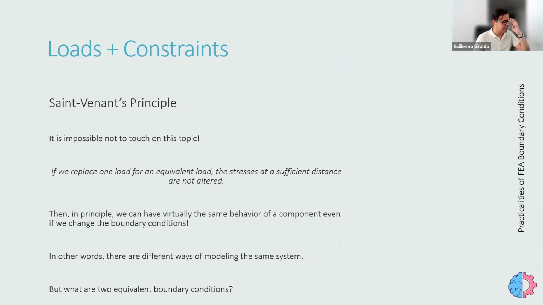So basically what Saint-Venant's principle says is that if we have a system, think of our bike or whatever system it is, and if we replace one of the loads for an equivalent load, or you replace one boundary condition for an equivalent boundary condition, then the stresses on regions that are far away or at a sufficient distance from these boundary conditions are not altered or do not change.